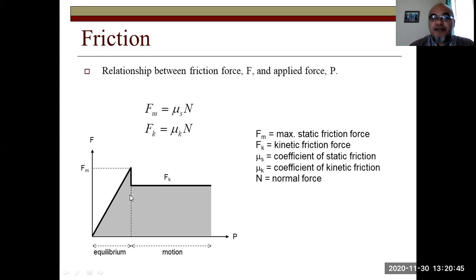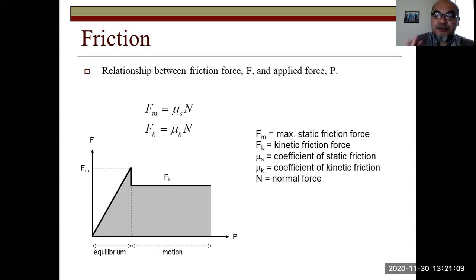The static friction force is always varying, depending on the value of the force exerted on the object to move it. Until a certain point, it is always in equilibrium.